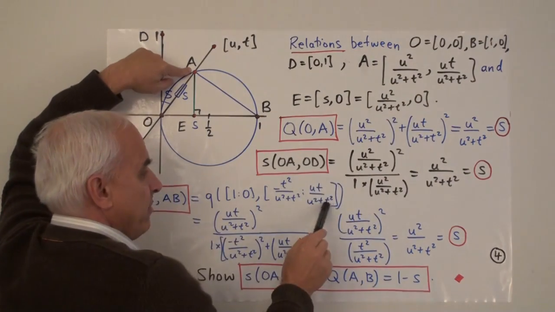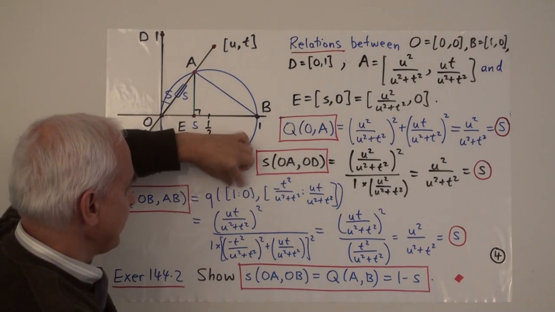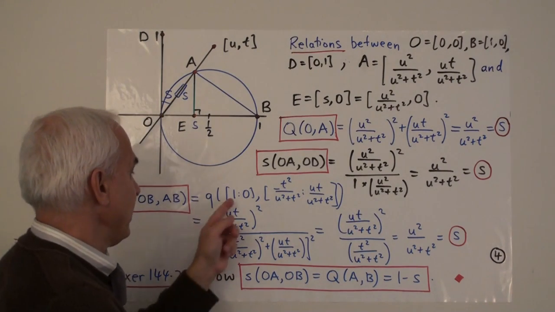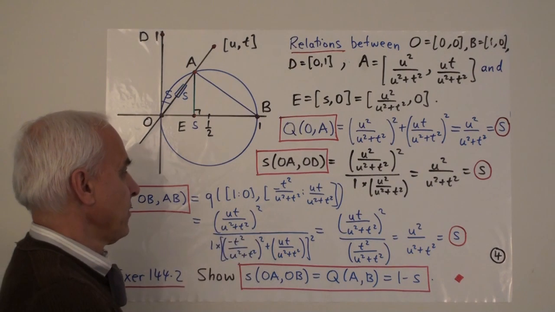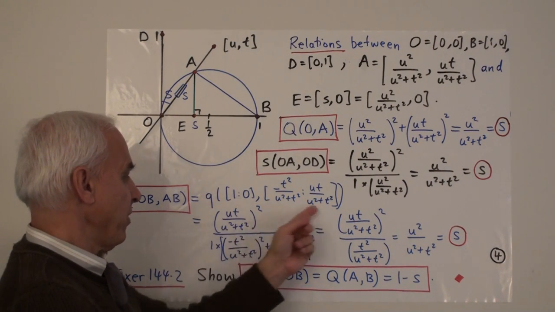This will just be the same. So it's the projective quadrance between this line and this line. And so the formula is this times this minus this times this, all squared, divided by this squared plus this squared, which is 1, and this squared plus this squared.